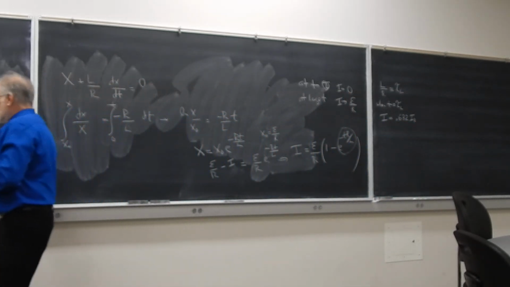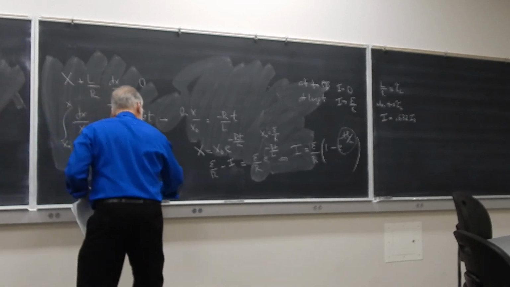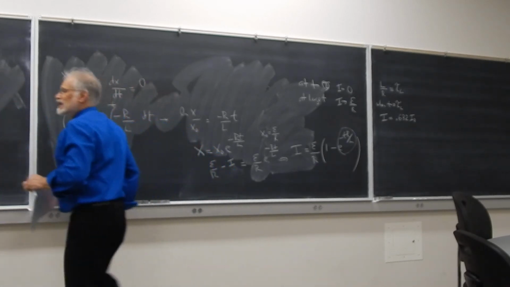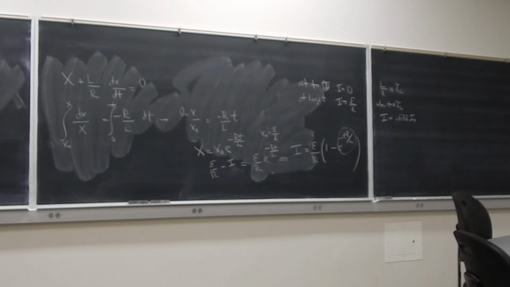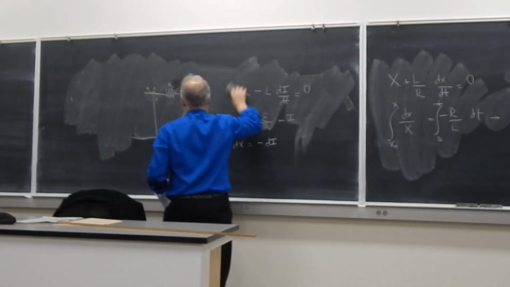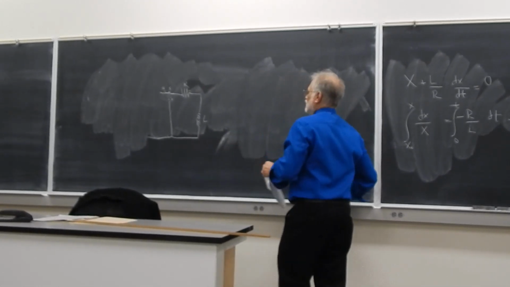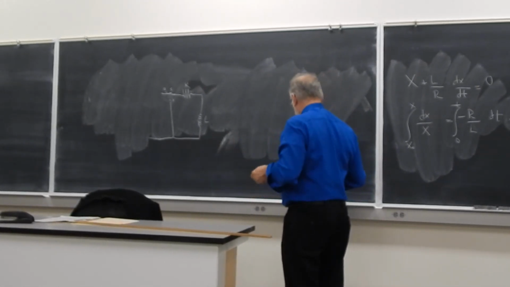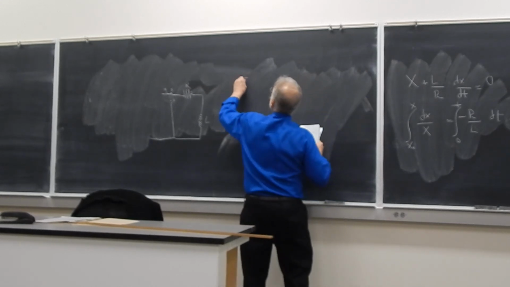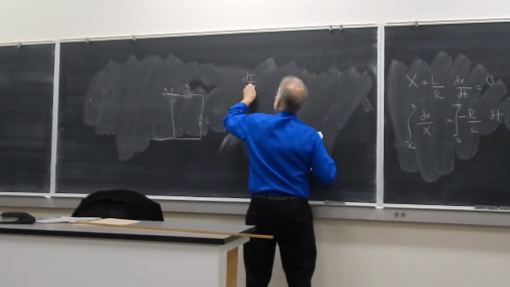Well, let's look at this a little bit more closely. Let's ask the question, how does the current change in time? I'm going to leave the second part of this diagram up because in a minute I'm going to move the switch over. But for now, what is dI/dt?